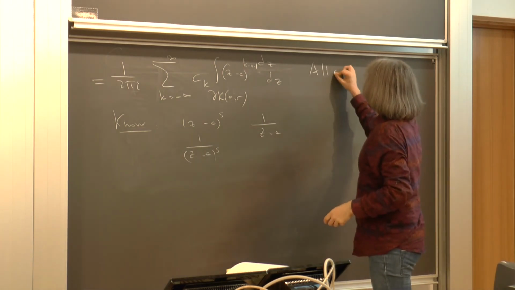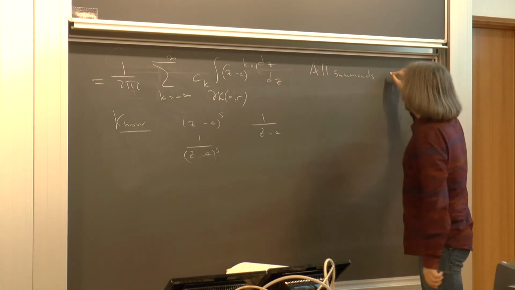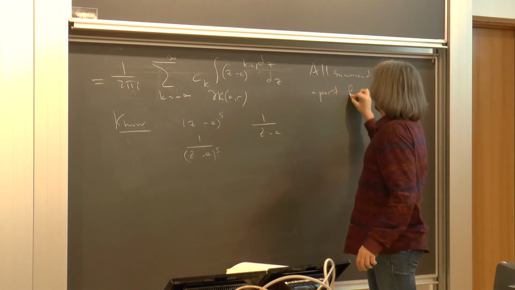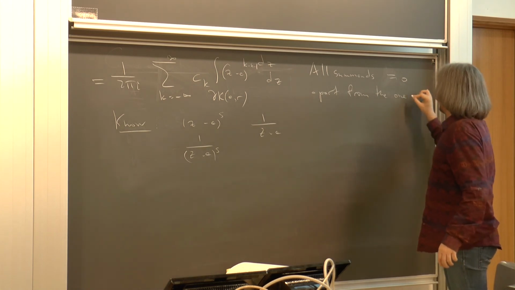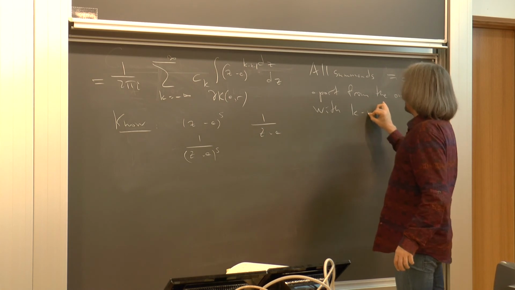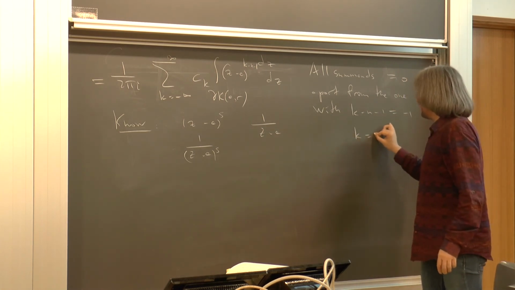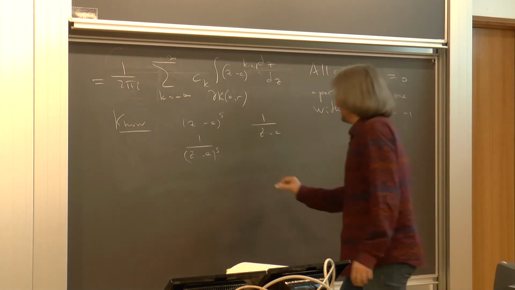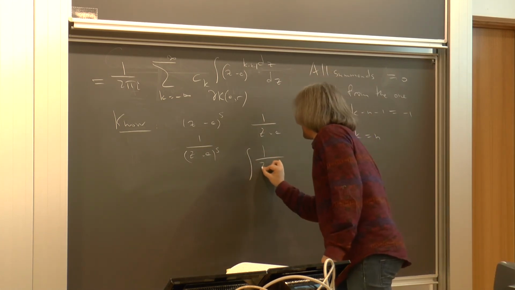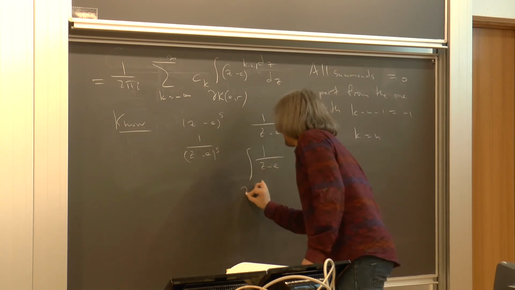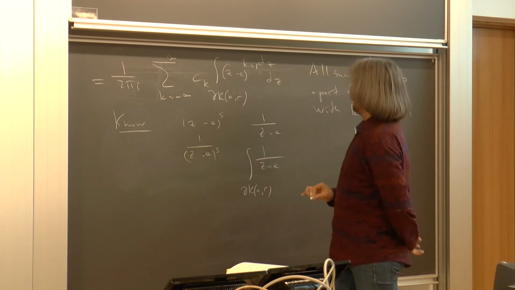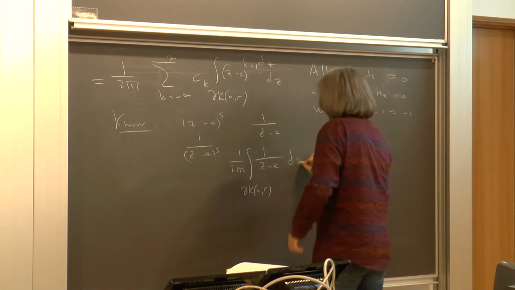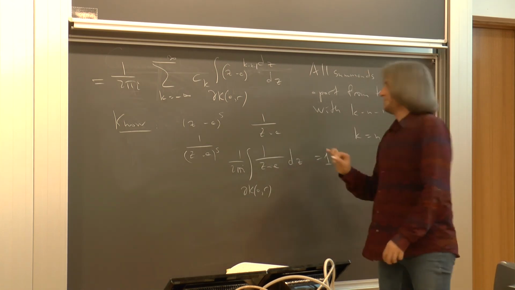So all the other summands die. The one with k minus n minus 1 equal to minus 1, so k equal to n, becomes the integral of 1 over z minus a, dz, and we know that this simply equals 2 pi i.